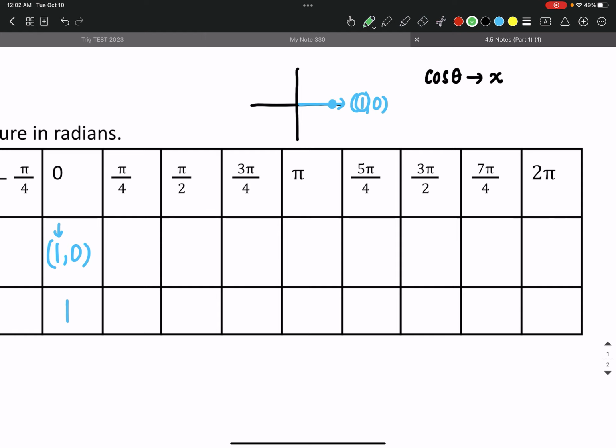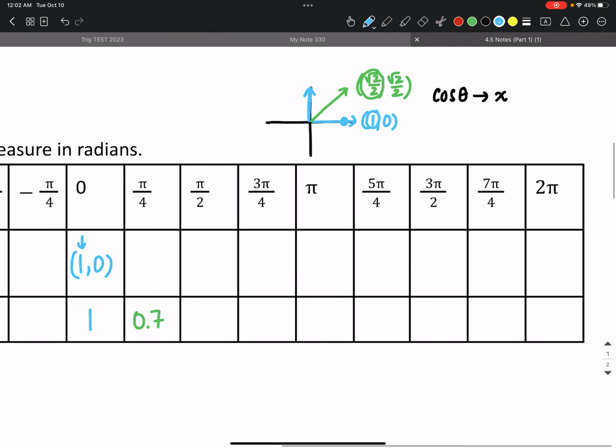For pi over 4, that is going to be the point (square root of 2 over 2, square root of 2 over 2). I'm looking at my x value there, and that's the square root of 2 over 2, which I can round to 0.7. Then for pi over 2, that's going to be this angle here, which has the point (0, 1) on the unit circle.